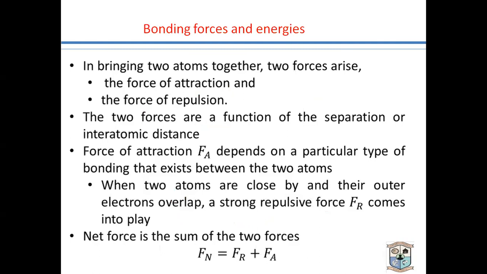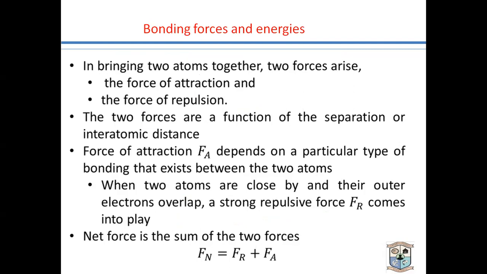Okay, so like I said, bringing two atoms together, two forces will arise: the force of attraction, which is our Fa, and the force of repulsion. The two forces are a function of the separation or the interatomic distance.